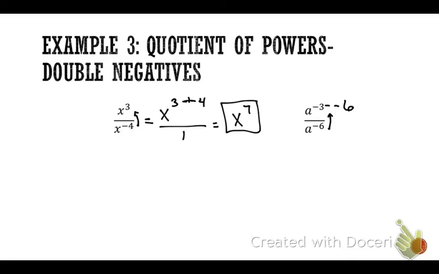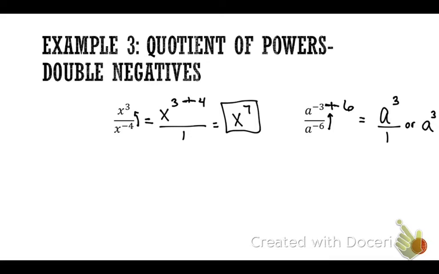So what does the double negative become? A positive. And what's negative 3 plus 6? 3. A to the third power over 1, or you could just say A, because you subtracted all your powers up into the top. That's your answer. A to the third power.